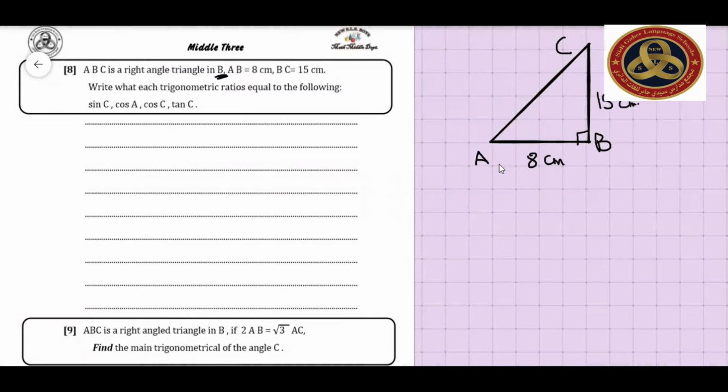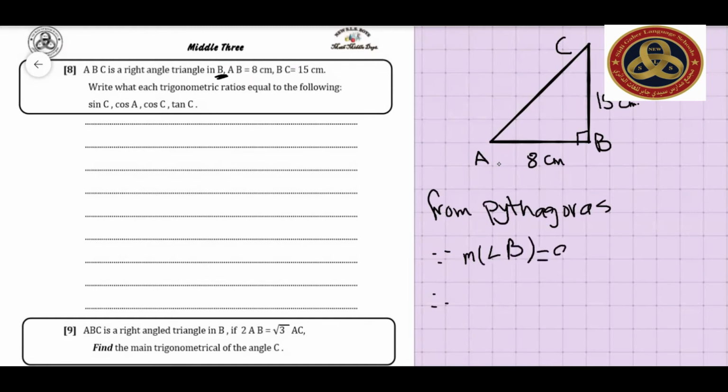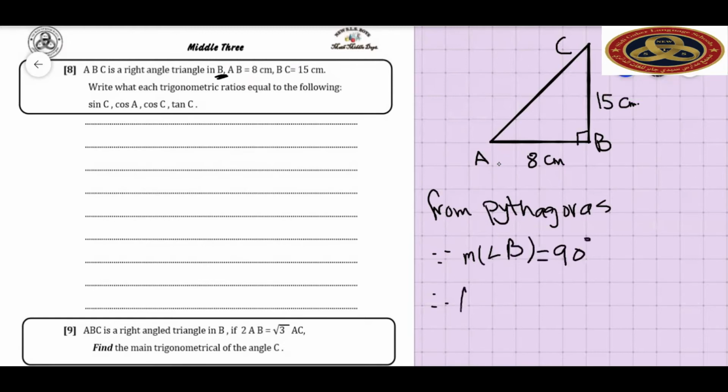Where is the length of AC? He didn't give it to me. So I have to get the length of AC myself. How? We have studied before in middle 1 and middle 2 the Pythagoras theorem. You remember? To get AC, I have two steps. Since the measure of angle B equals 90, therefore, to get the hypotenuse AC, I have to add the squares of the two sides.